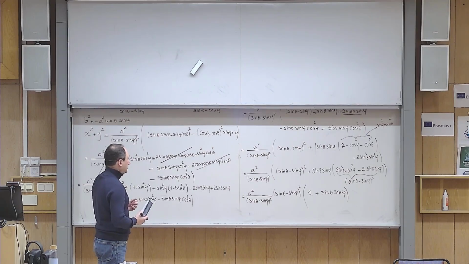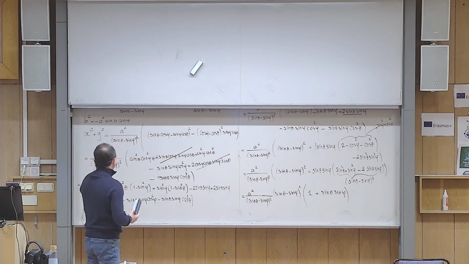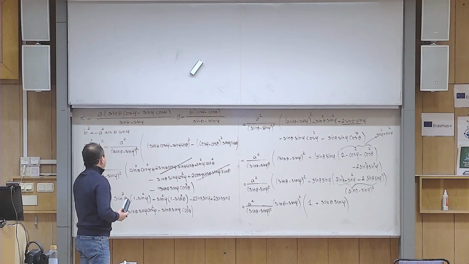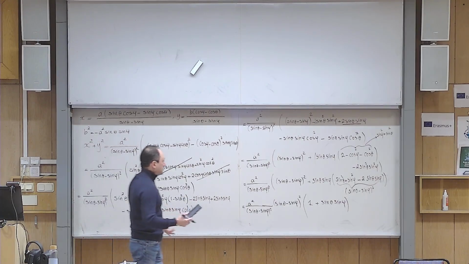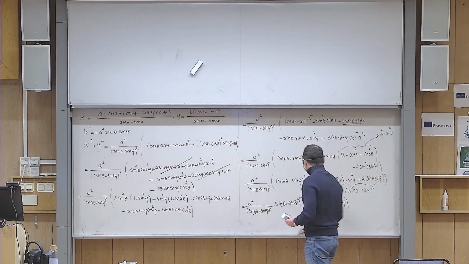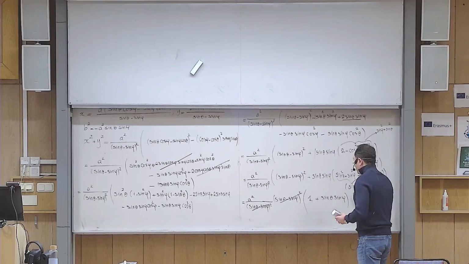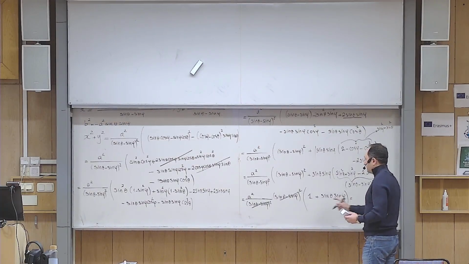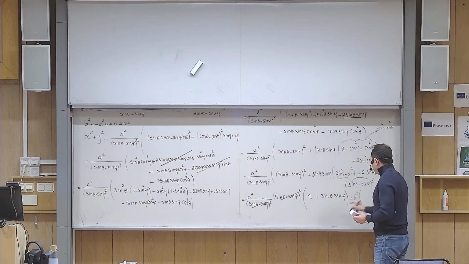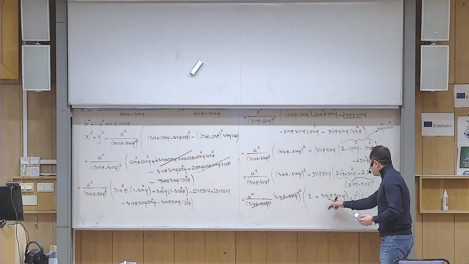Okay, so let us not jump forward. This one and that one are cancelled. What do I get? I get a squared. Yeah, that's correct. This is a squared and 1 plus this combination.